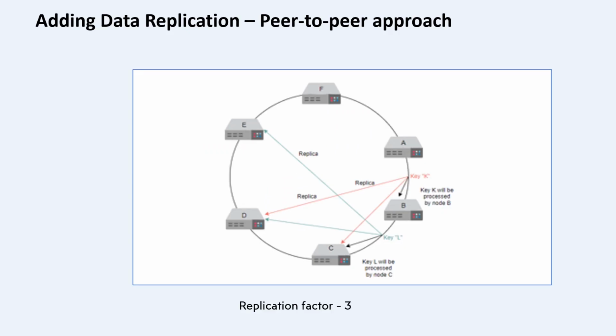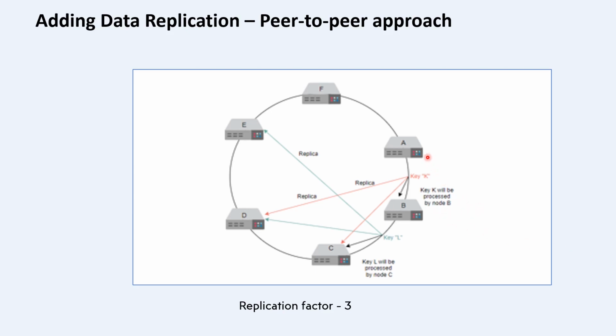So let's understand this by one example. For example, here we have these six nodes A, B, C, D, E, F, and we want to utilize the peer-to-peer approach. So what we do, we define it like this.